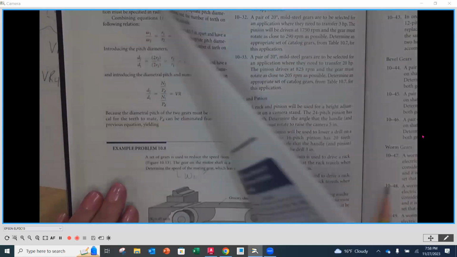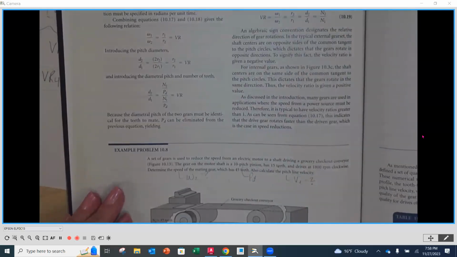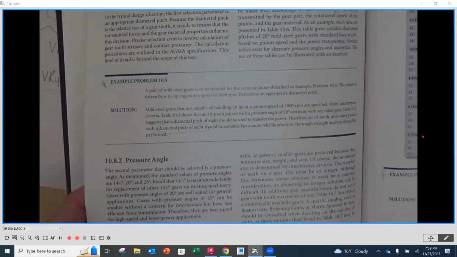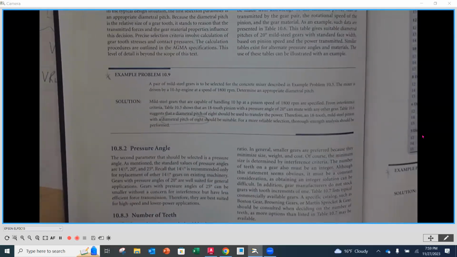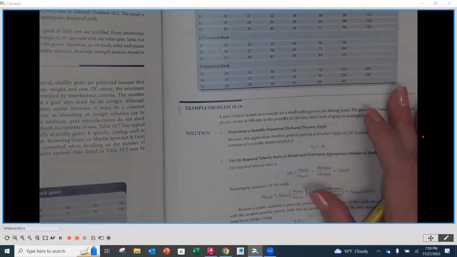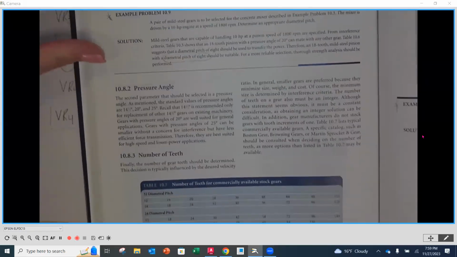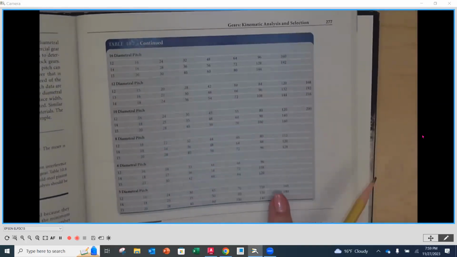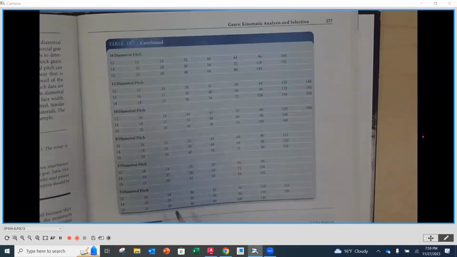As you recall, I think it was example 10.10 that we did. And we used the tables on page 276, continuing to 277. Each one of these groupings is diametral pitch, so that's the size of the tooth.